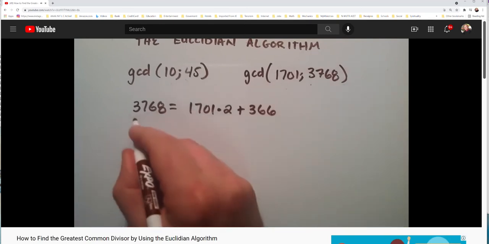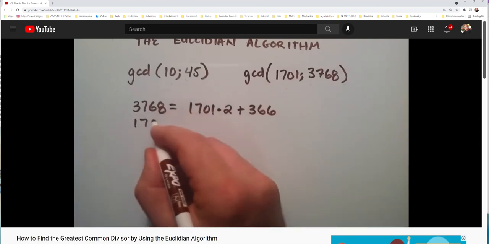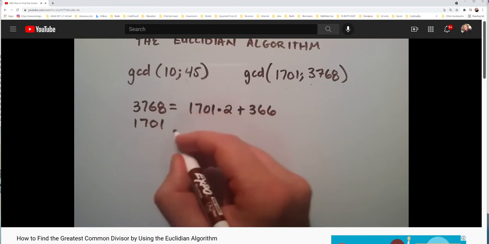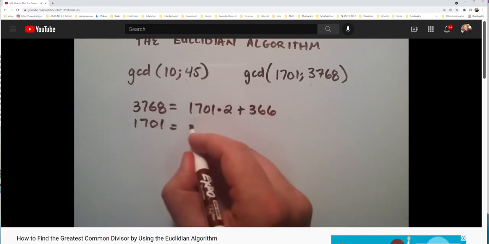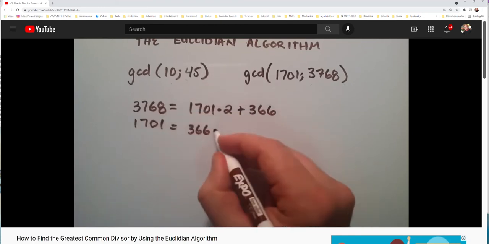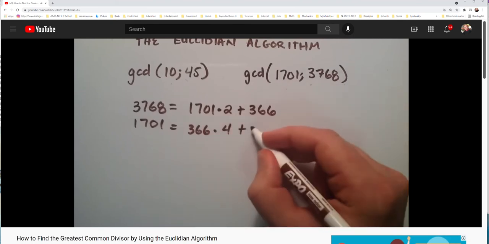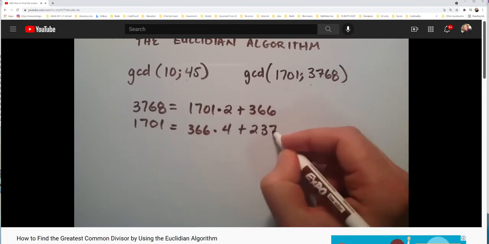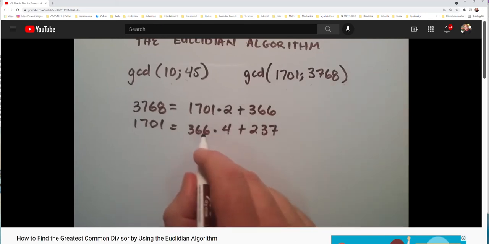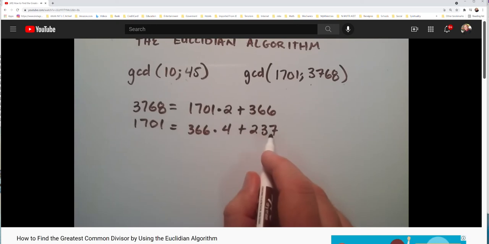Now moving this to the left-hand side, 1,701 is equal to 366 times 4 plus 237. So 366 goes into 1,701 4 times with a remainder of 237.